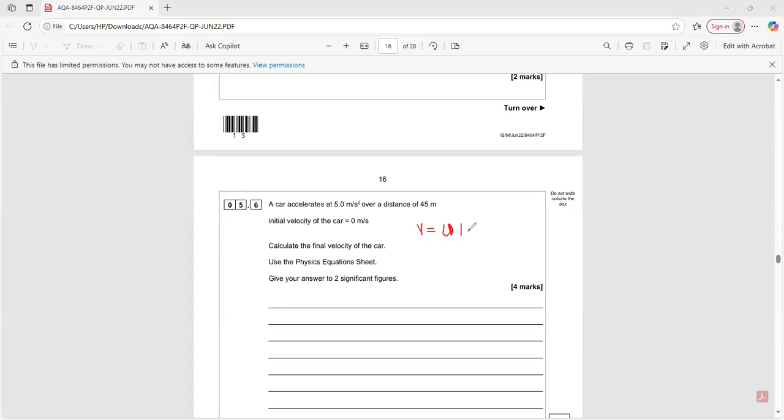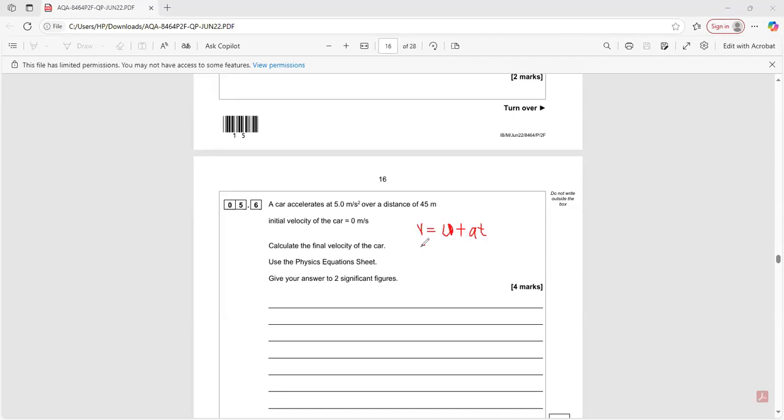Okay, let me just write out all the formulas and we'll see which one to use. V equals U plus AT. You can see in this formula, there's no distance included, so it's not the right formula to use.